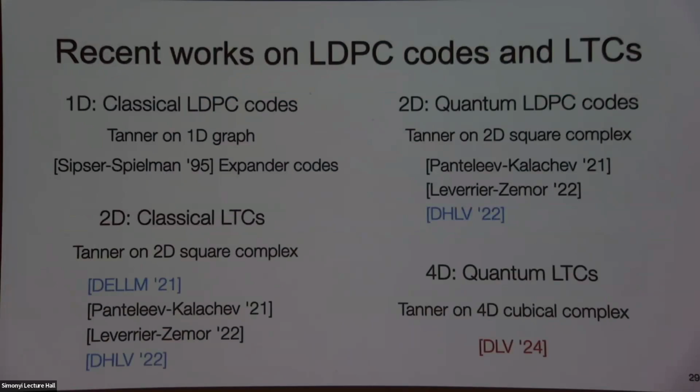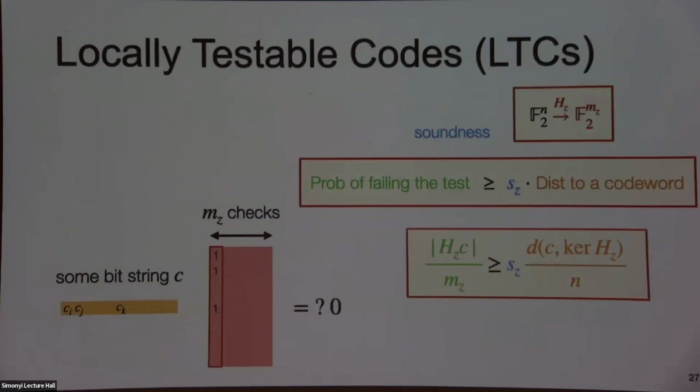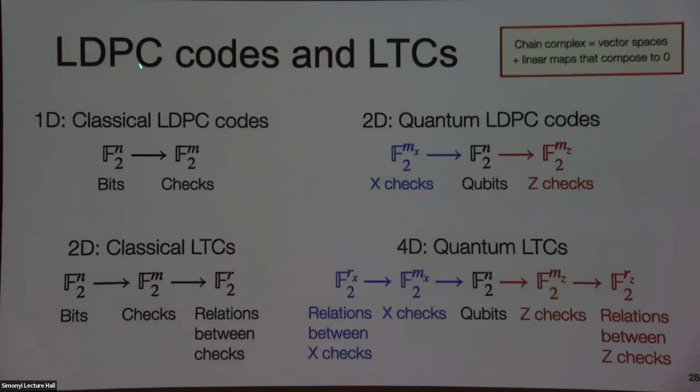Let me just say one thing. To think about quantum locally testable codes, you can compare with some codes within a similar family. There are the classical LDPC codes and the quantum LDPC codes we just discussed. But around the same time, there was also a breakthrough on classical locally testable codes.